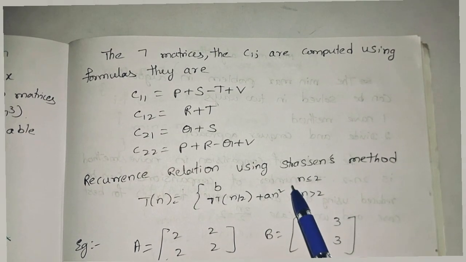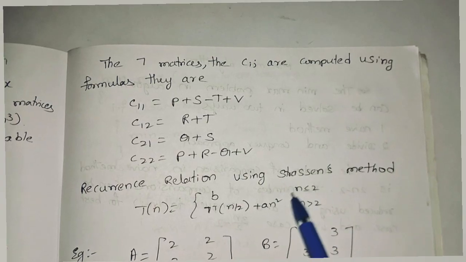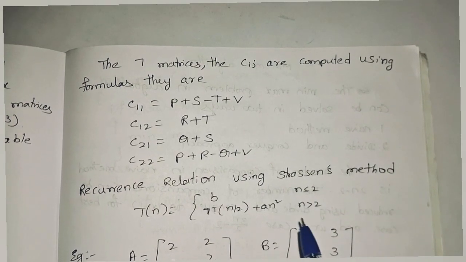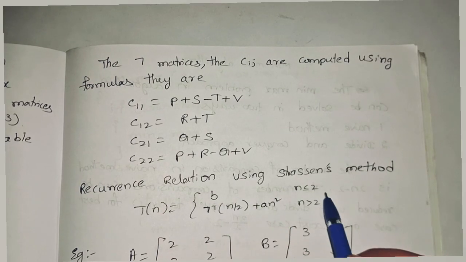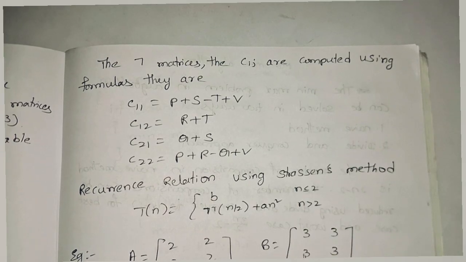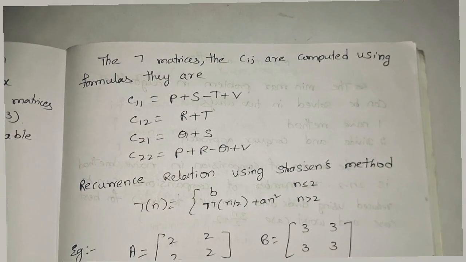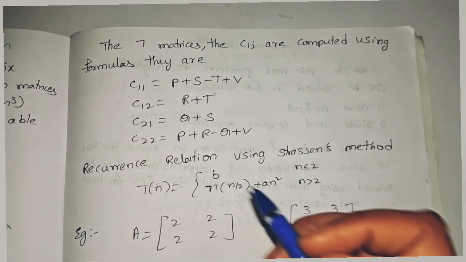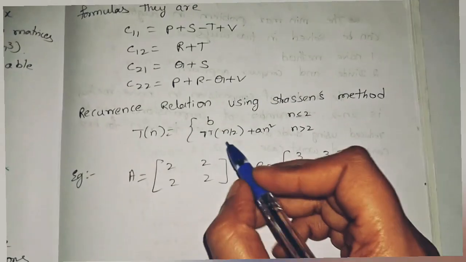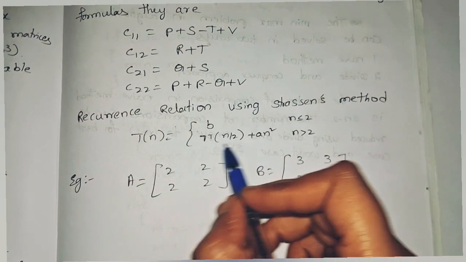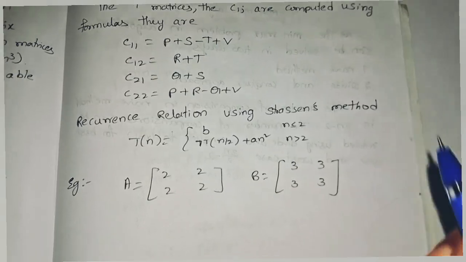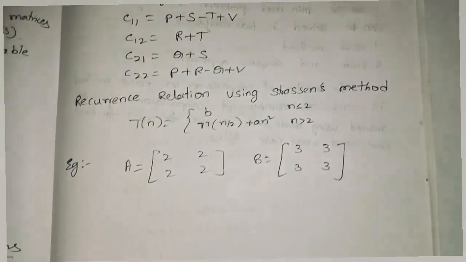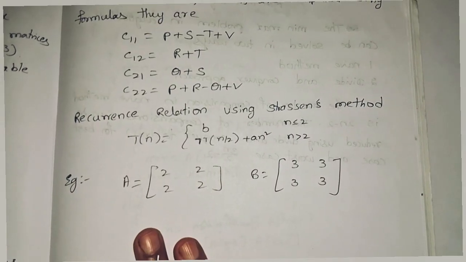If the number of elements in the matrix is small, say 1 by 2 or 2 by 1, then we will simply perform the normal matrix multiplication method. Okay. For the traditional multiplication method, the recurrence relation is 8 T of n by 2 plus a n square. So now we will solve Strassen's matrix multiplication method using an example.